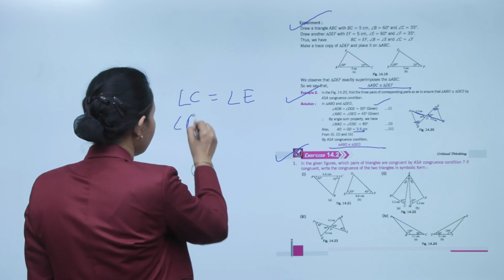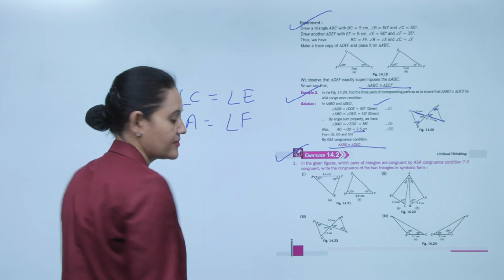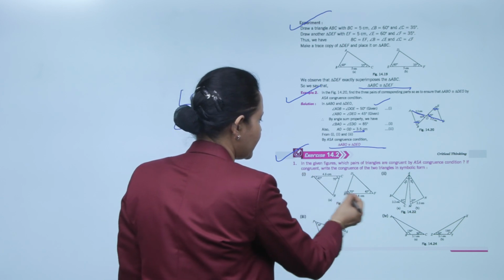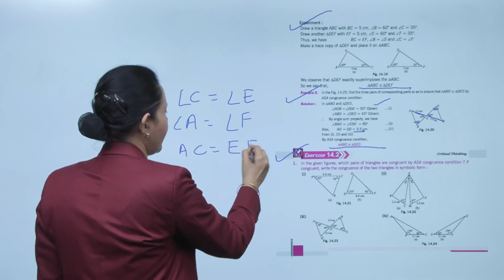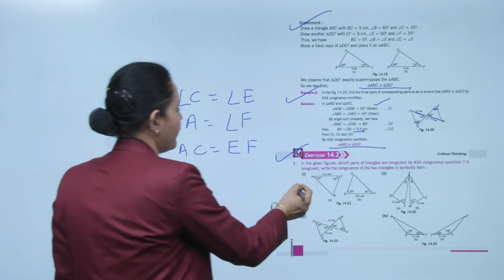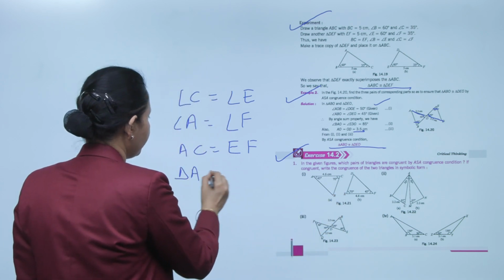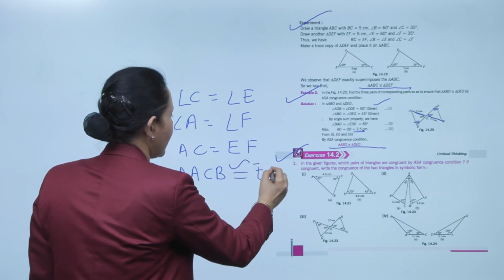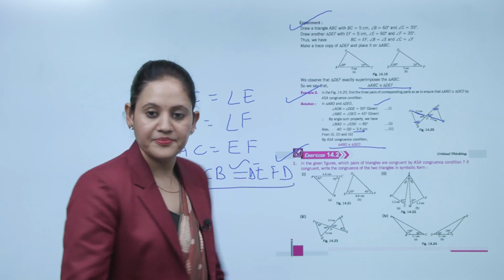Angle A equals angle F. Clear? And the included side AC here is 4.6 centimeters and EF, so AC equals EF. So, the triangles will be congruent, that is triangle ACB will be congruent to triangle EFD. Clear?